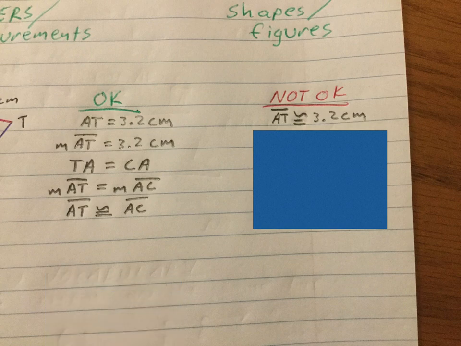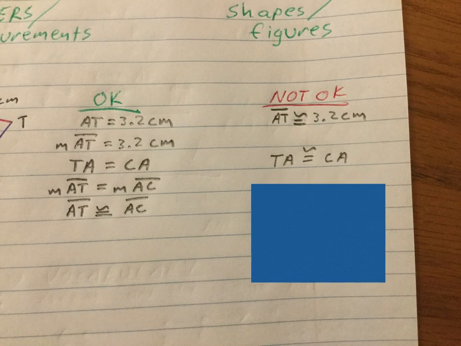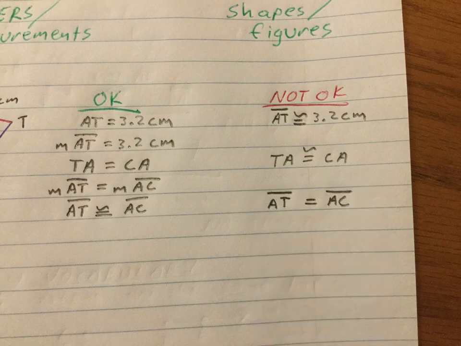Or we could say that segment AT is congruent to segment AC. We'll talk about this more tomorrow, so make sure you get this in your notes. It's not okay to say the measure of TA is congruent to the measure of CA, or the segment AT is equal to the segment AC.